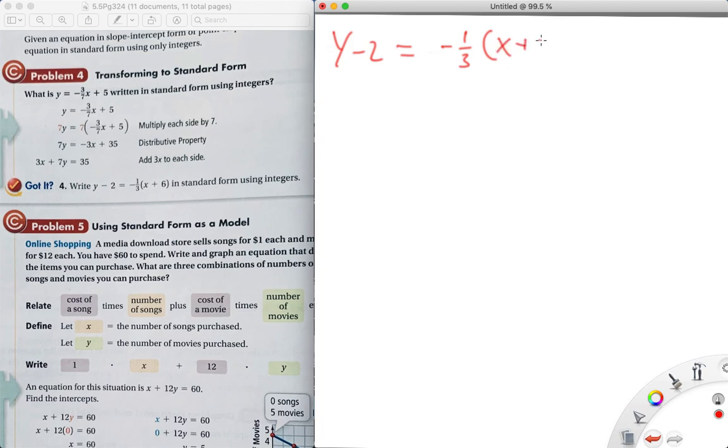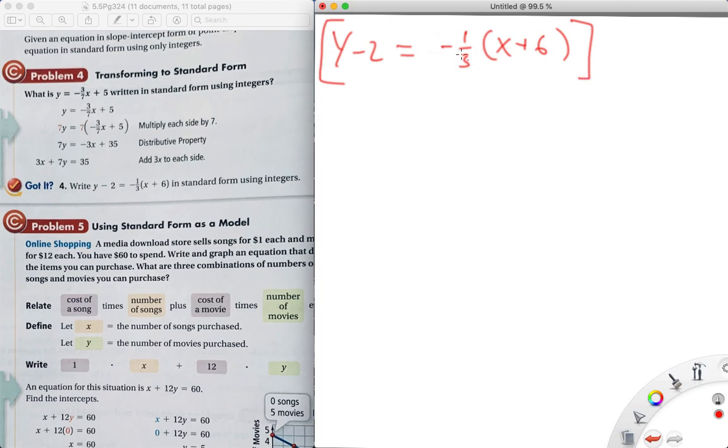And the vast majority of the time, A is going to be positive. So if we're trying to convert something into standard form, and there's a fraction involved, we multiply by the denominator.